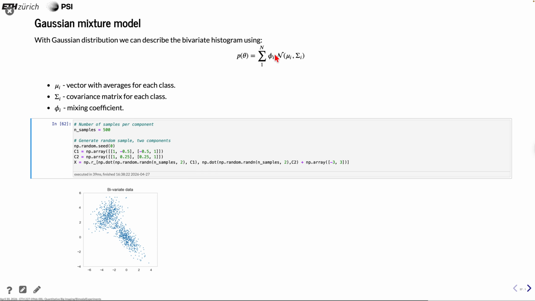And we have some amplitude, we have the position, and we have the spread. For our test, we generate some bivariate data. It looks like we have two chunks, two clusters, and we want to find them with the help of the Gaussian mixture model.